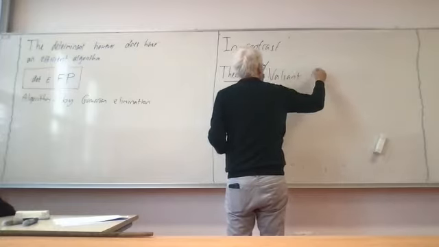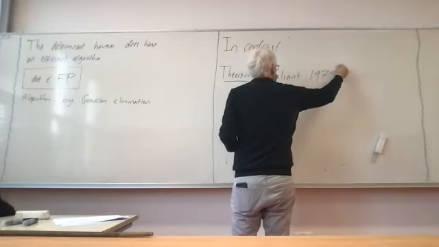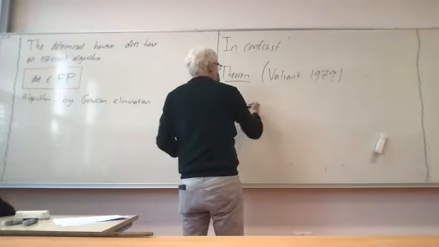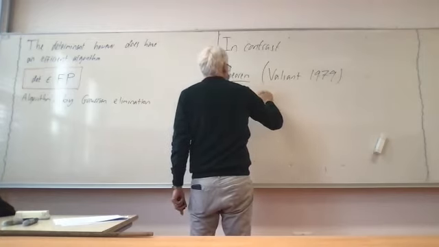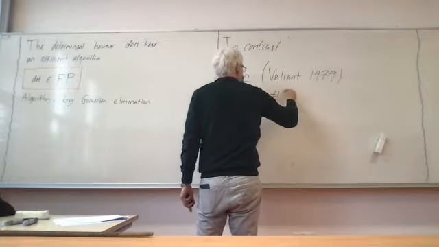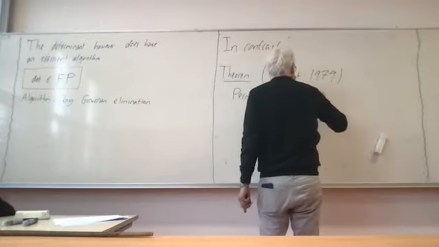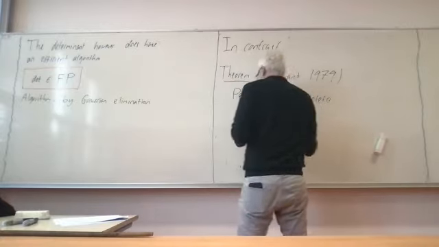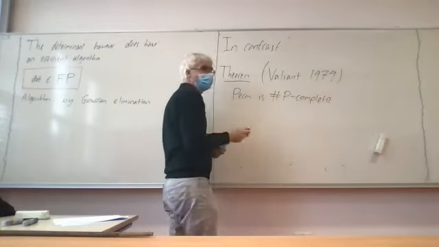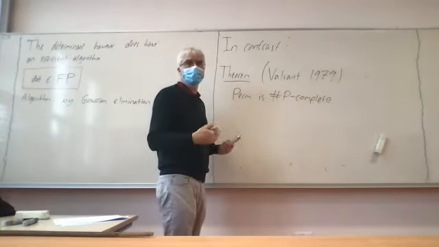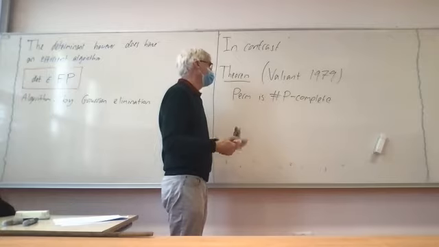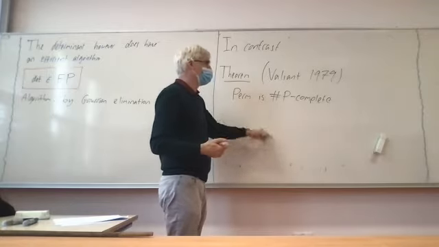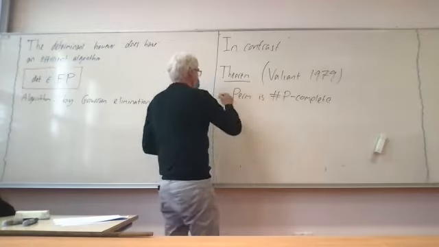Valiant's theorem, 1979, is that the permanent is sharp P complete. So it's a sharp P problem. It's equivalent to computing the number of witnesses of an NP problem. Even that's not terribly hard to prove, but it takes a little bit of work.